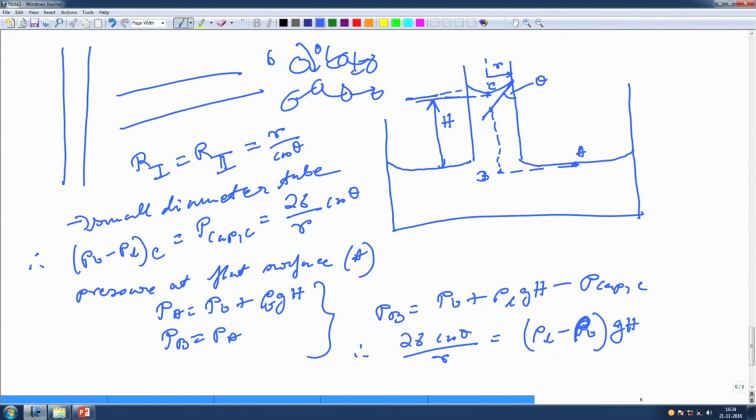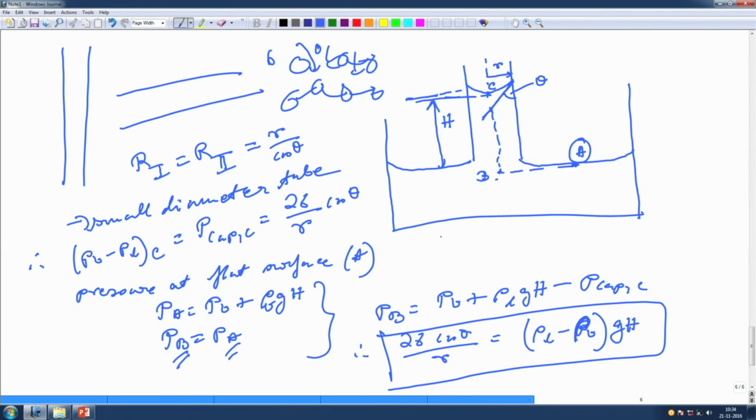The pressure here is nothing but the vapor pressure plus whatever vapor column is sitting above it. Then the pressure at PB must be equal to PA because they are at the same horizontal level. Then it is just a matter of substitution, and by substitution and introducing the capillary pressure, we get this particular expression. This is the final form.